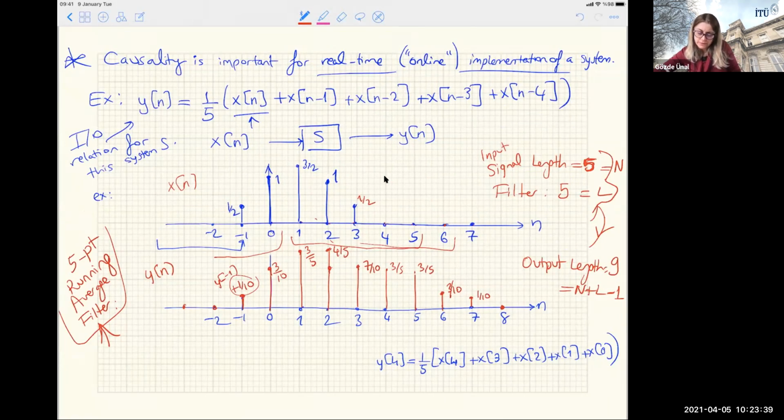Is it 4 over 5? Actually, now I'm finding 9 over 5, but can you guys check? It should be less than 7 over 4. Let's see. I think you're right. This was 7 over 10.